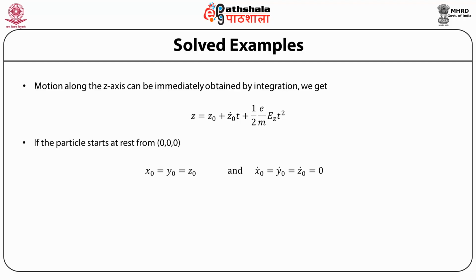If the particle starts at rest, with coordinates at t equal to 0 given by 0, 0, 0, then x naught is equal to y naught is equal to z naught, and x naught dot is equal to y naught dot is equal to z naught dot is equal to 0. Thus we have the solution along the z-axis equal to half e by m Ez t square, because the particle starts from rest at the origin.